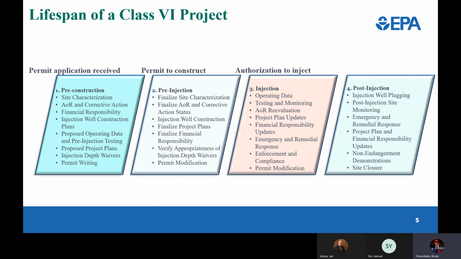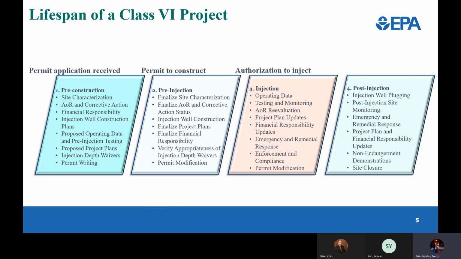So let's think about it: when we receive the initial permit application during the pre-construction phase, we will be given an AOR. Then during the permit to construct, that AOR can be finalized. And at the authorization to inject, the AOR is reevaluated.